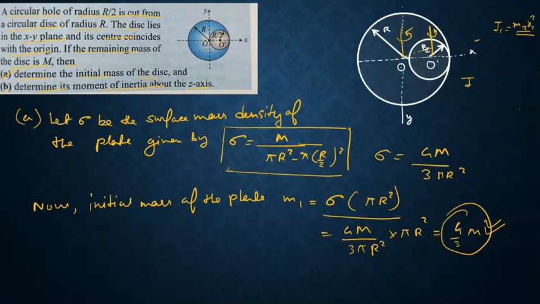So we can say that for the desired axis IP equals IC plus m2 into r by 2 whole square, because the perpendicular distance between these two axes is r by 2.